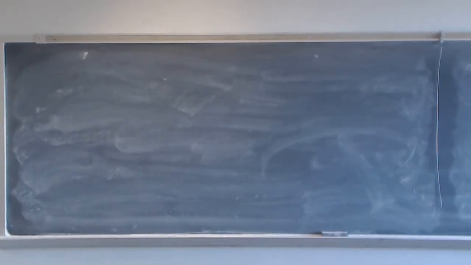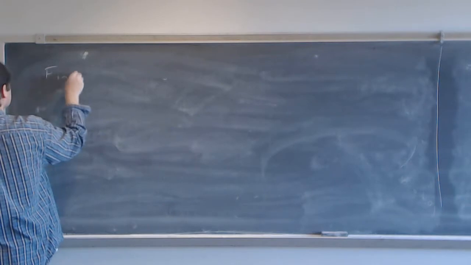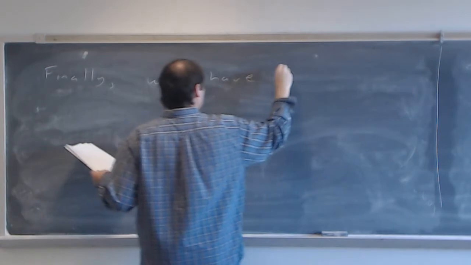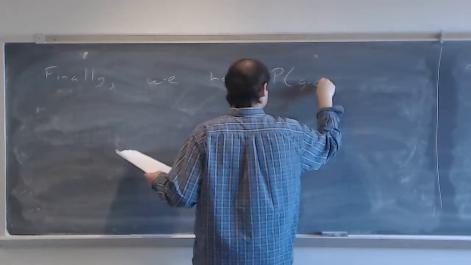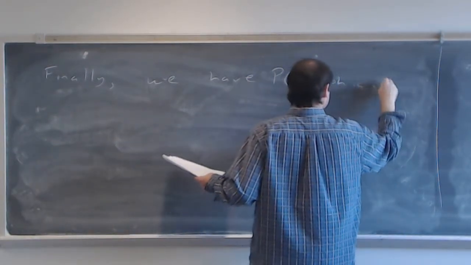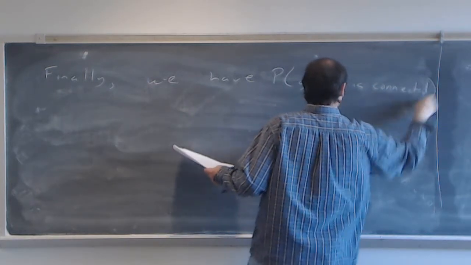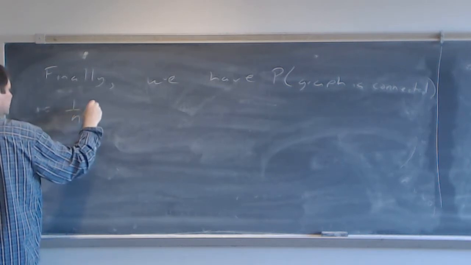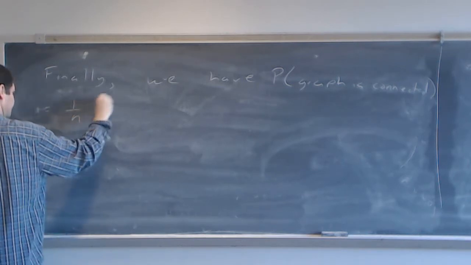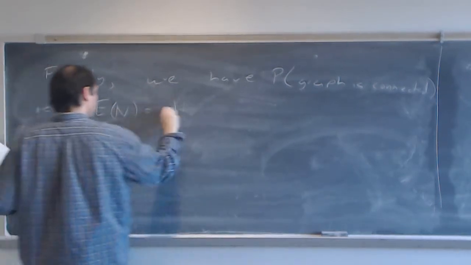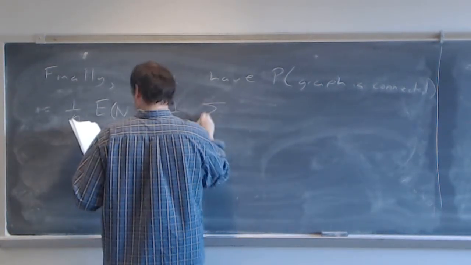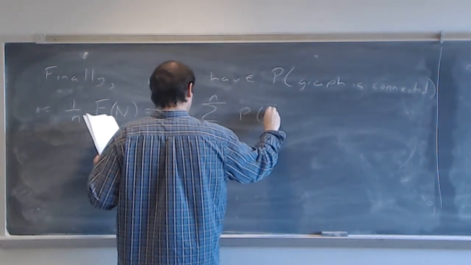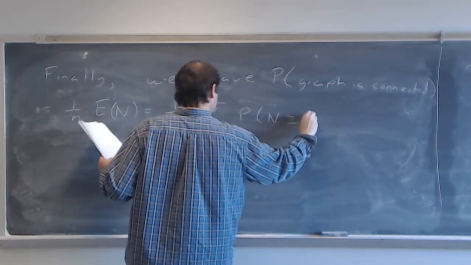So finally, we're ready to get the answer. We have the probability that a random graph is connected. Here's our formula. It's equal to, remember, 1 over n times the expected value of n, which equals 1 over n times the sum as i runs from 1 to n of the probability that n is bigger than or equal to i.